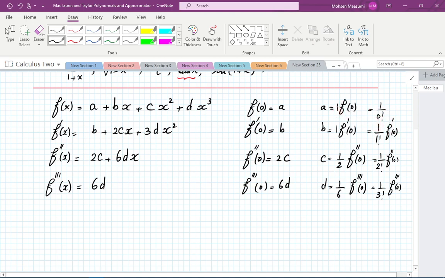So 0 factorial is defined to be 1, and the 0th derivative, which means no derivative at all, is the original function. So the recipe for creating these coefficients is 1 over whatever the power is, a factorial, times the nth derivative of the function.